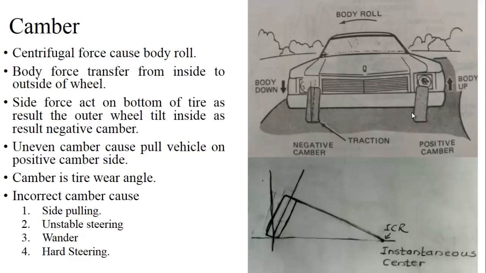So next thing is uneven camber. If you provide uneven camber, what happens? With uneven camber, the vehicle gets pulled toward the positive side of the camber.